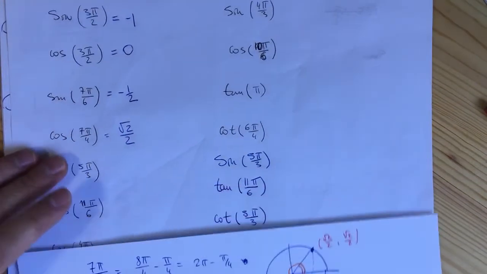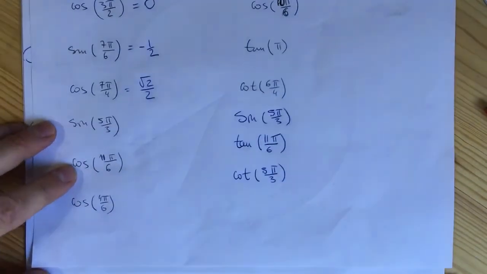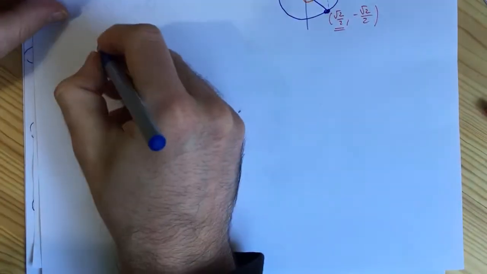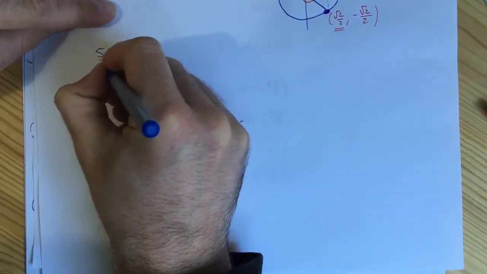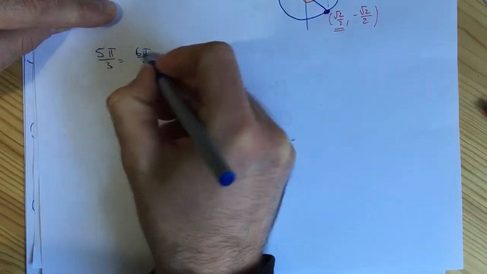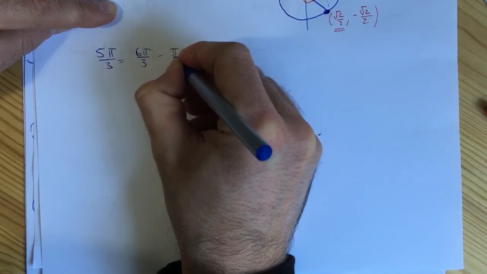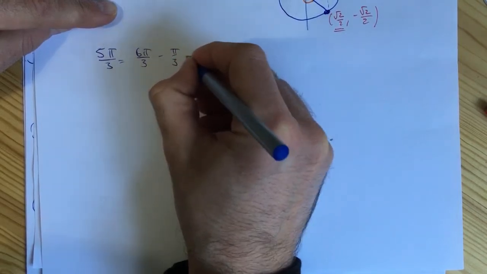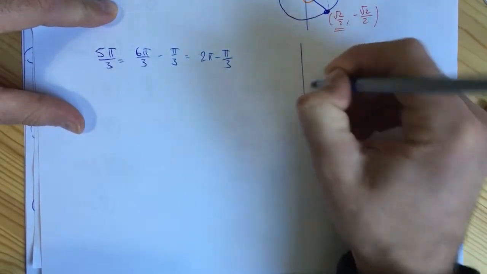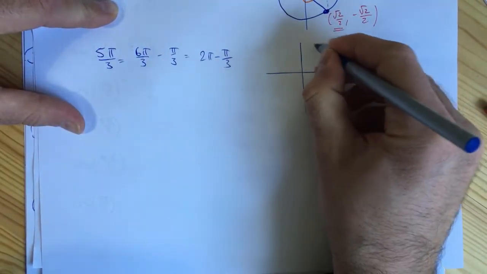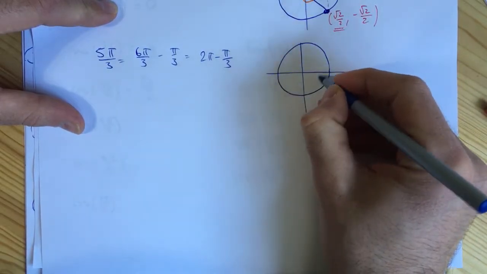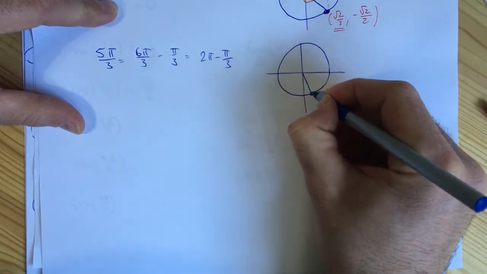Okay. Next question is sine of 5 pi over 3. So where is 5 pi over 3? 5 pi over 3 is equal to 6 pi over 3 minus pi over 3, which is 2 pi minus pi over 3. Okay. So let's see where that angle is. So that's 2 pi full circle minus pi over 3 right here.